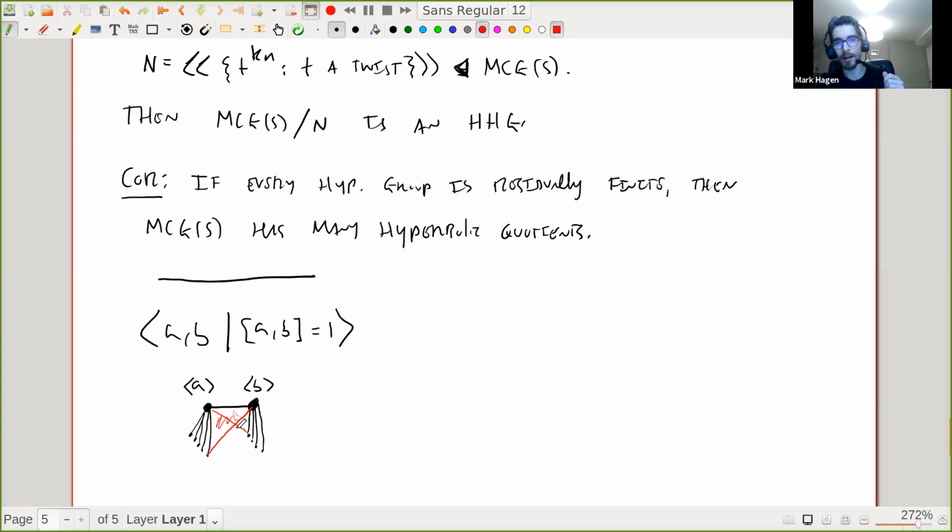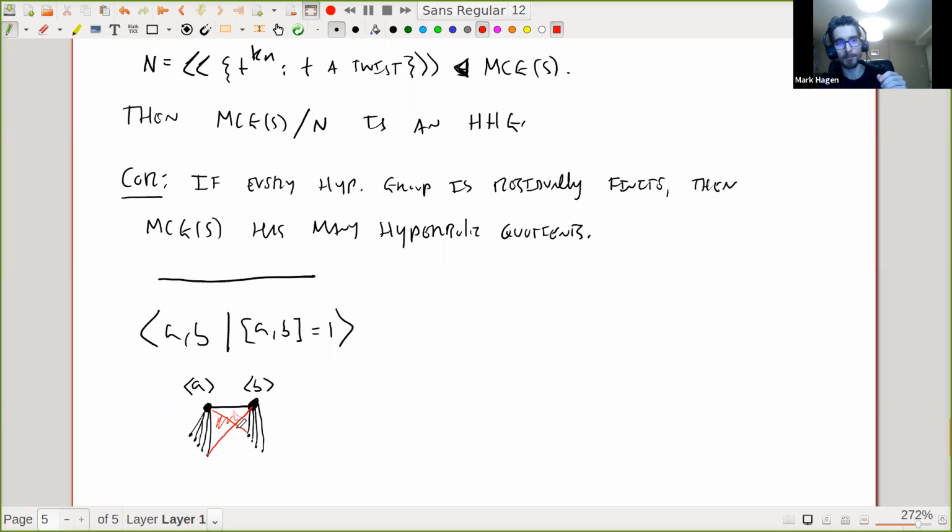So if you were careful, remember I said that you can't recover the HHG structure on the mapping class group from that theorem because the curve graph isn't quite good enough to be able to see those Dehn twists.